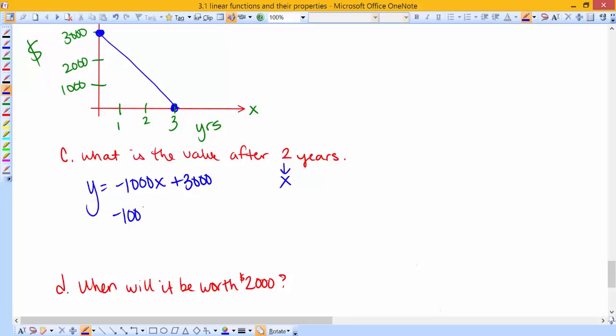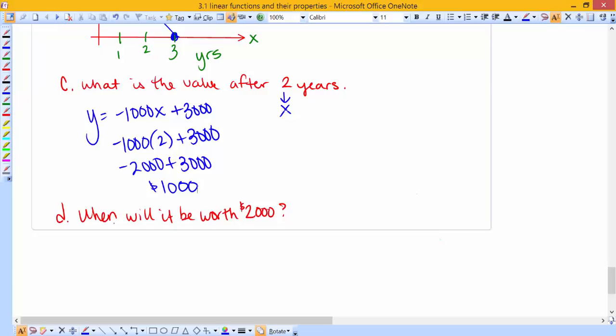So negative 1,000 times 2 plus 3,000. Negative 2,000 plus 3,000 is 1,000. So after 2 years, the computer is worth $1,000.